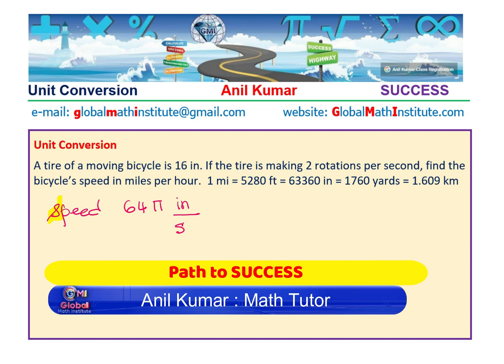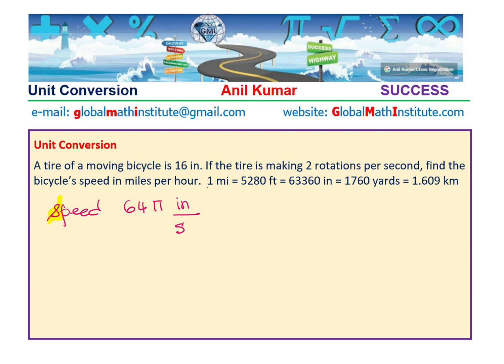To convert it into miles per hour, we know 1 mile is equal to 63,360 inches, so we can write 1 mile over 63,360 inches. That is how we convert the units, you see.